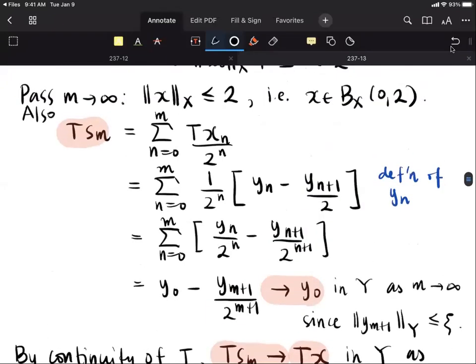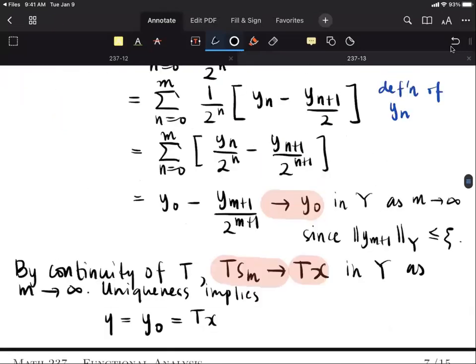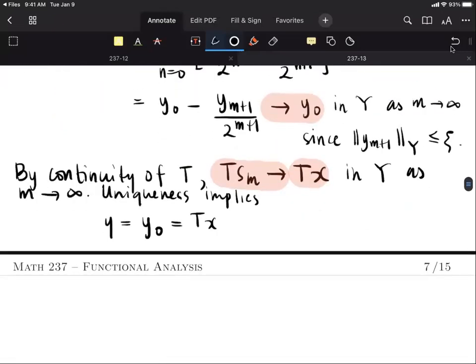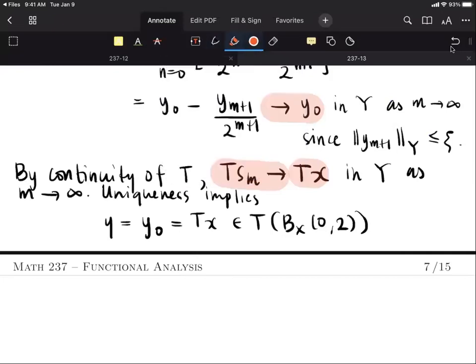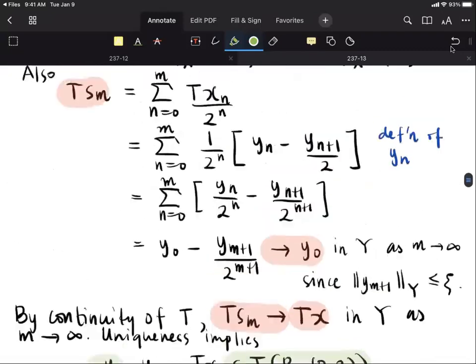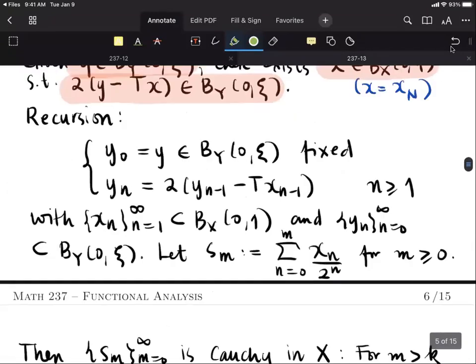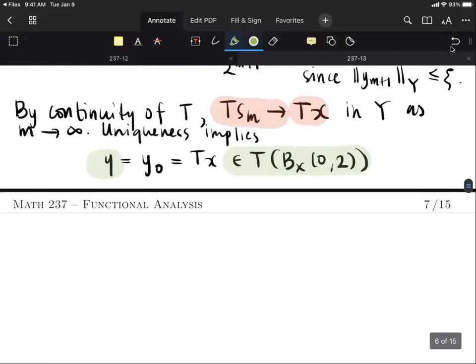X here is what? In the ball centered at 0 with radius 2, so this is an element of T of B_X(0, 2). So let us highlight that one: y being an element of this, provided that y is in this set.